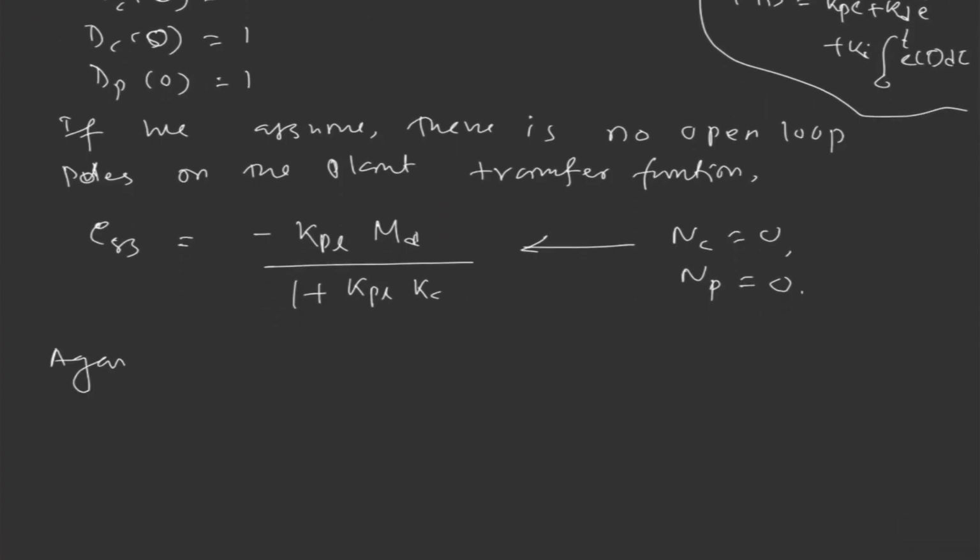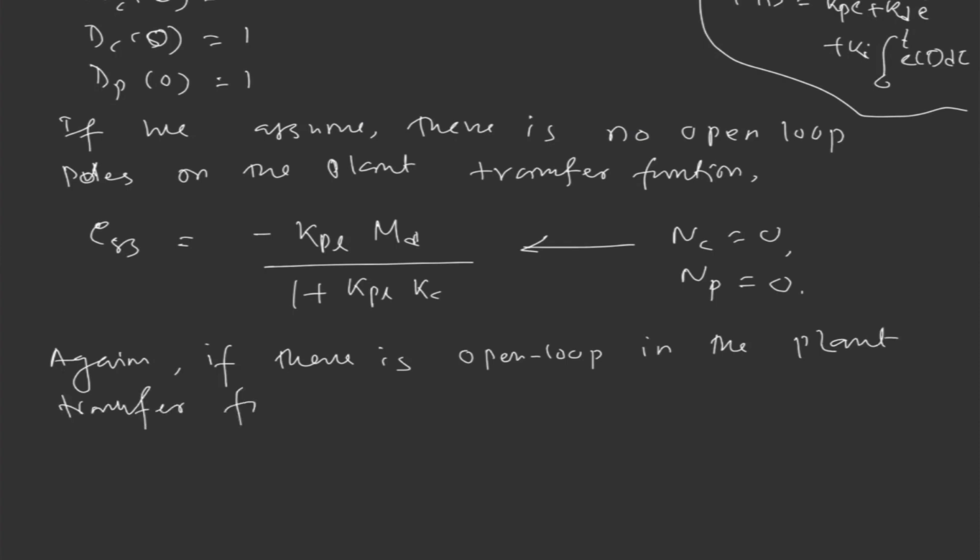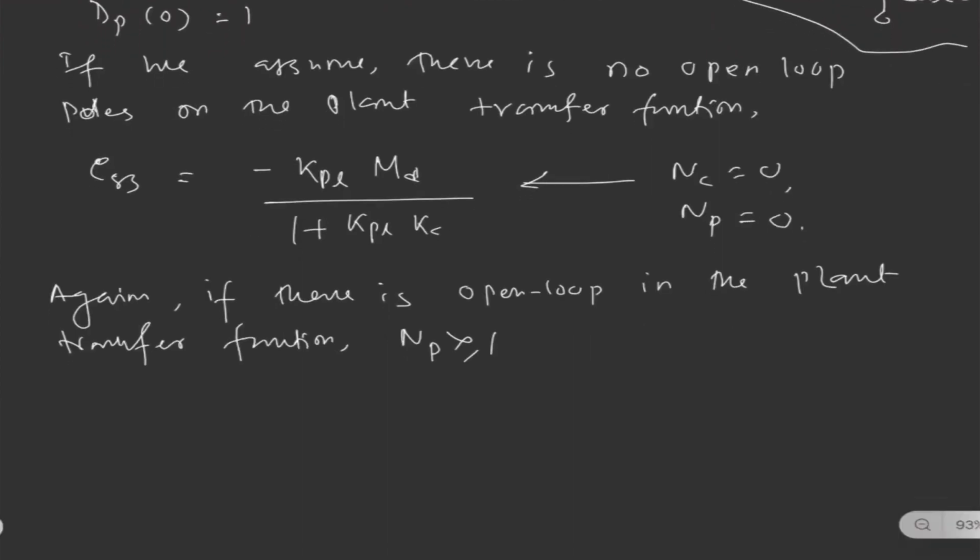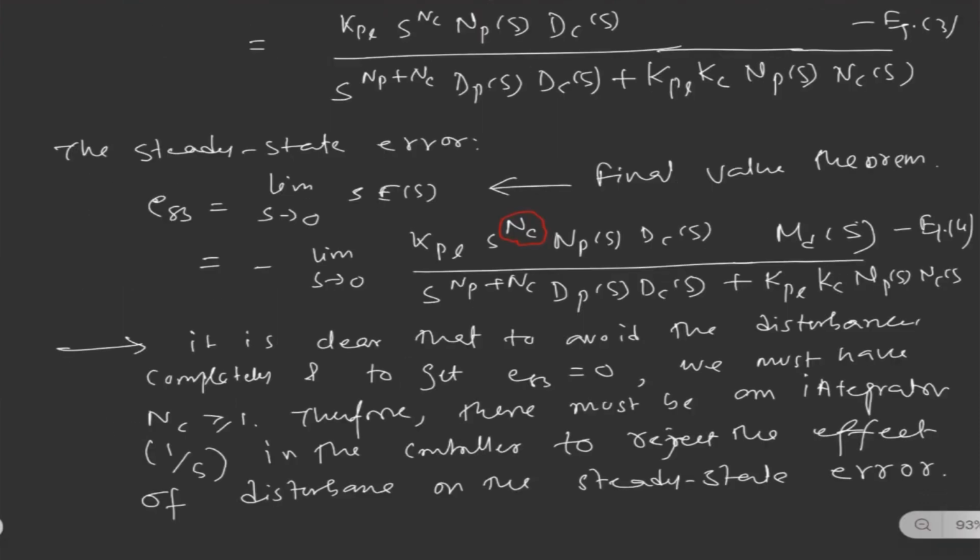Again, if there is an open loop pole in the plant transfer function, which is N_P, if it is greater than or equal to 1, or more than 1 poles are there, then we can write e_ss equal to, if N_P is greater than 1 and N_C equal to 0, this term is going to be 0, right?